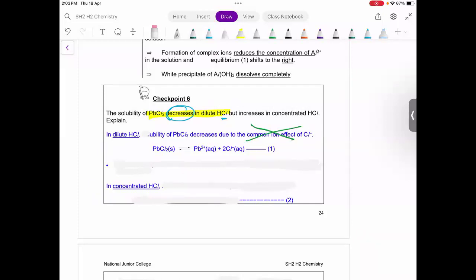Okay, the answer is actually not very good, so please bring in the Le Chatelier principle.